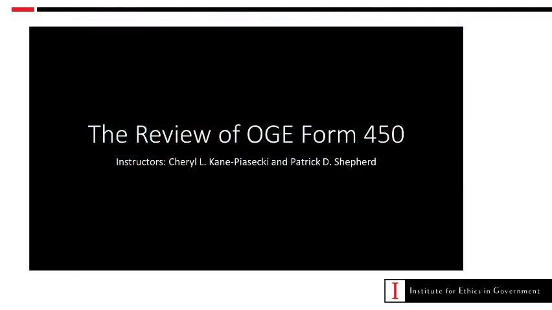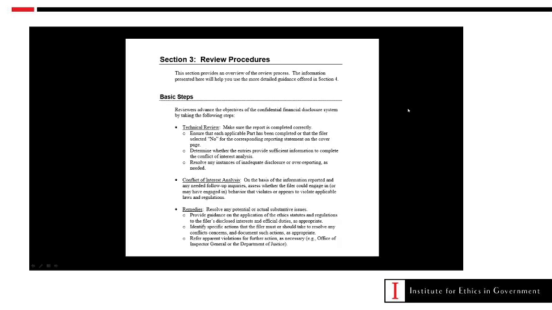So I'm going to take a quick look at a section from the guide that discusses the review procedures. And so this is from section 3 of the guide. And basically there are 3 steps to the review process, which is good because that's about as many steps as I can remember at once. And the first step is a technical review.